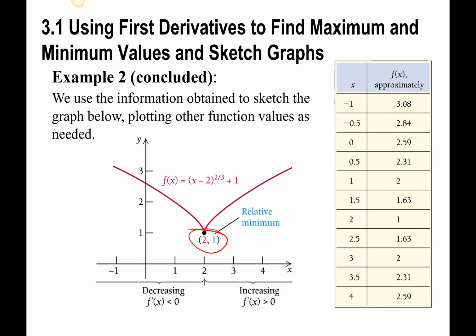What's going to wind up happening is, with graphs, you can have things like this. Each of these is a relative minimum. Relative means, compared to things around it, it's lower. There's only one absolute minimum, and it's this one.